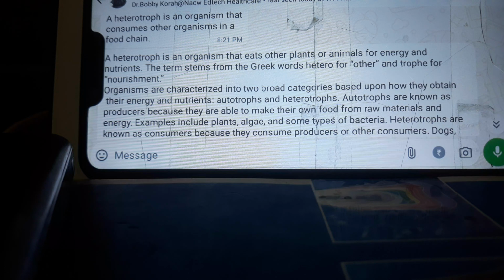Organisms are characterized into two broad categories based on how they obtain energy and nutrients: autotrophs and heterotrophs. Autotrophs are known as producers because they are able to make their own food from raw materials and energy, which is exactly what we're talking about now, mainly plants.